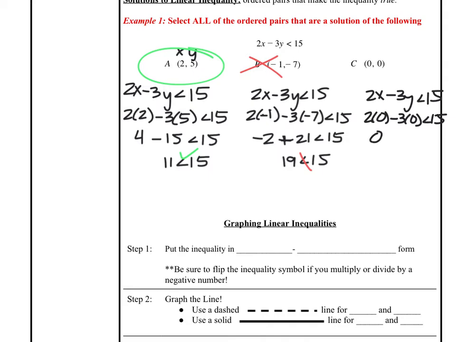That would give me 0 minus 0, which is just 0. 0 is less than 15, so this one works. So C is also a solution. So that's how you test your solutions, just checking and seeing if it makes the inequality true. If it doesn't, then it is not a solution.